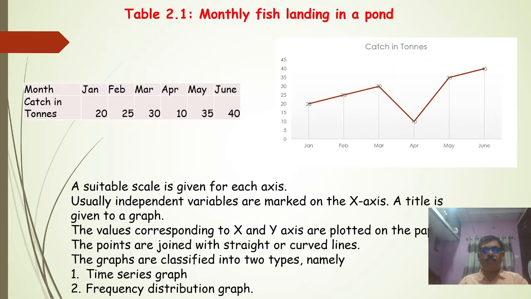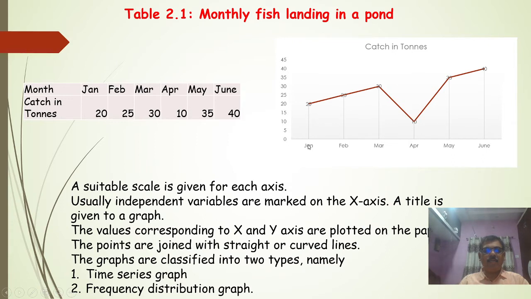OY line. This is the graph of the monthly fish landing in a pond, where you can observe the y-axis, that is a vertical line, and the months are given on the horizontal line, the x-axis, and this is O, the point where the OX and OY lines meet. This shows the month and the catch in tons.